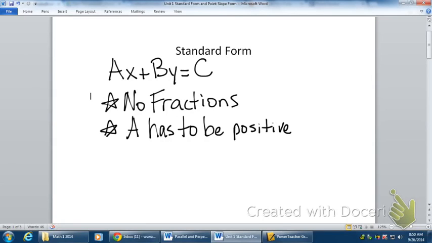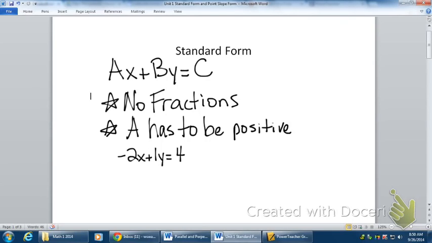So let's say we have an equation like 2x plus 1y is equal to 4. According to our criteria, in standard form, your a has to be positive. Right now you can see that it's not.